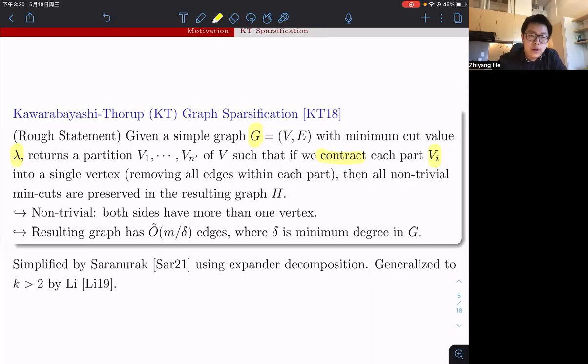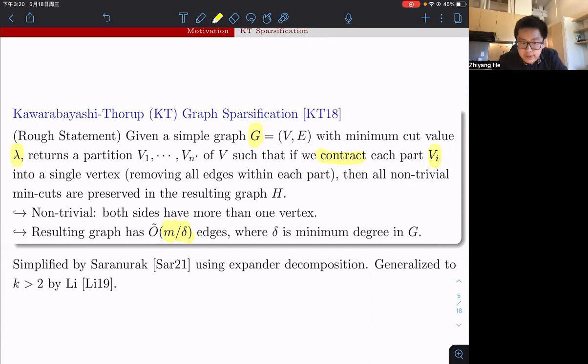Here, non-trivial means that both sides of the cut have more than one vertex. So in particular, if one side has only a single vertex, we're going to call it a singleton side. Okay? And moreover, the resulting graph will have roughly m over delta edges, where delta is the minimum degree in G. So this is a really amazing result, and we're going to see in a short moment how we're going to apply it.